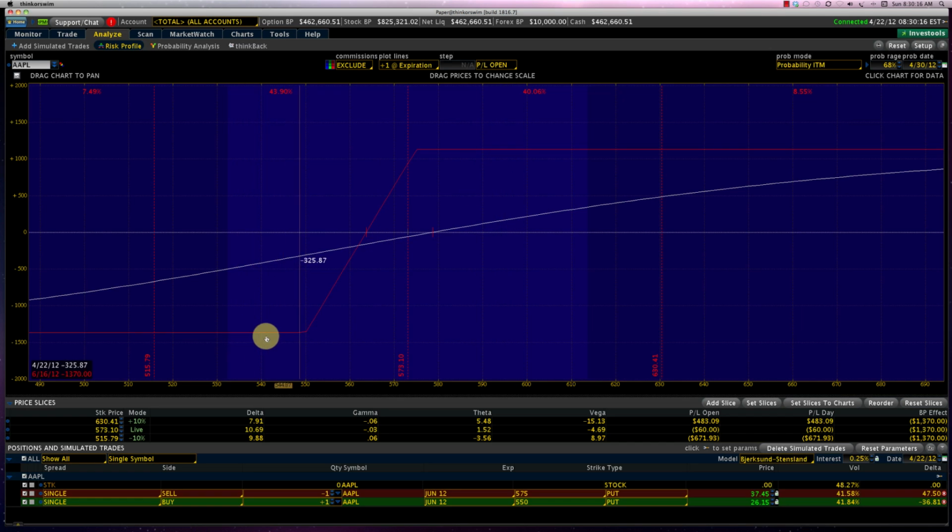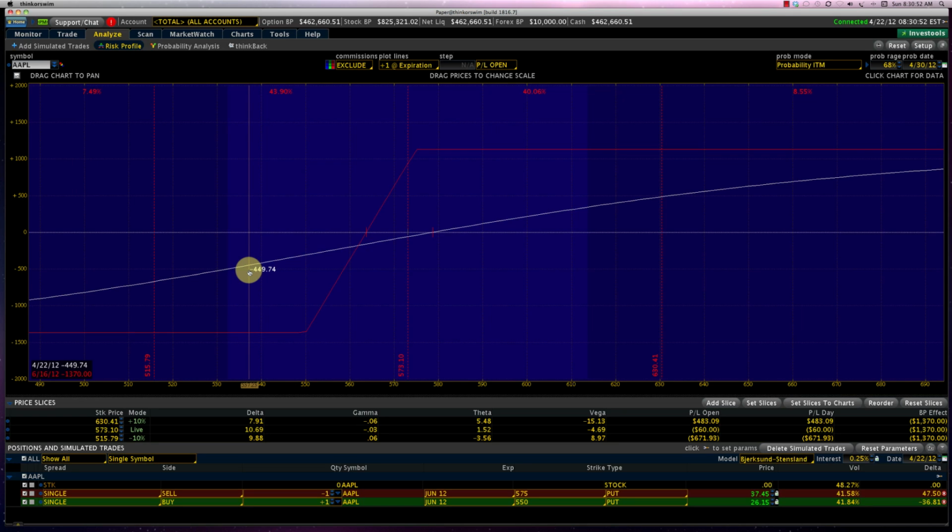But the option that you bought at 550 is going to be seriously in profit, because when you buy a put option, your expectation is bearish. So the 550 put will increase in value and the 575 will be at a loss, but the 550 will be at a profit. The broker will match up those profits and losses, and your risk is now limited to a maximum risk of 1370. So this is how you can protect the downside.